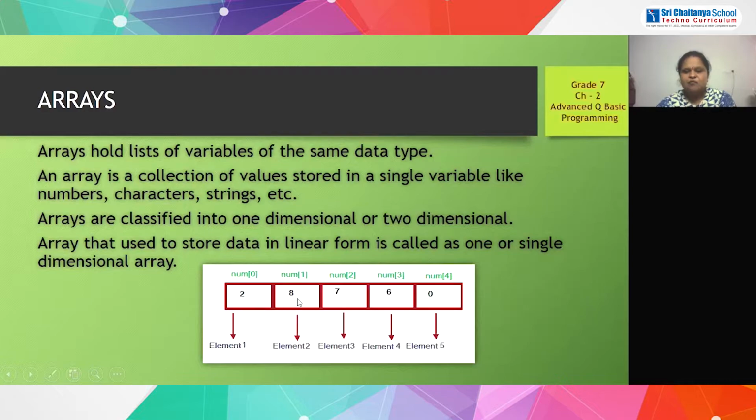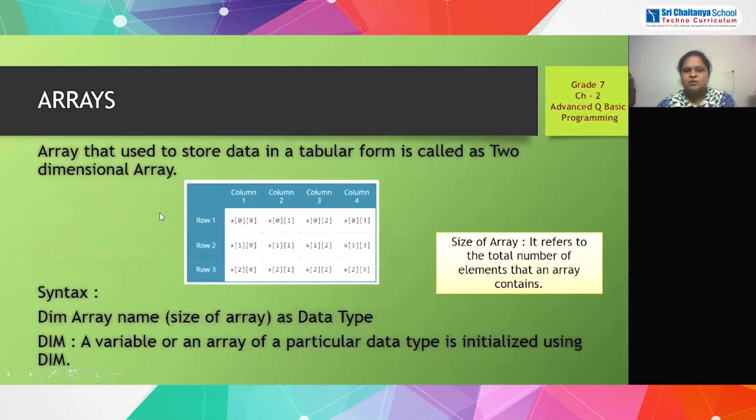Like this, 5 elements in 5 tracks it is saving. Now what is a two-dimensional array? A two-dimensional array will store the data in tabular form, with columns and rows, like this. Then how do we write the syntax for these arrays?